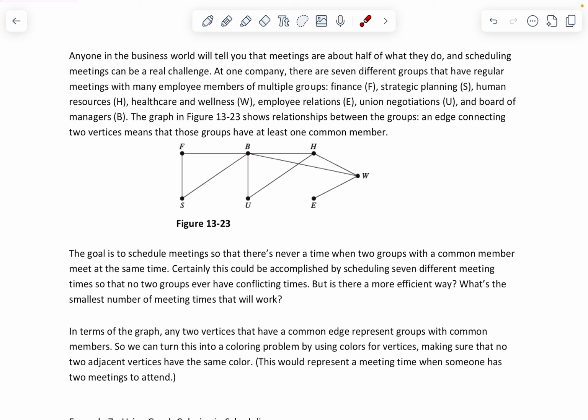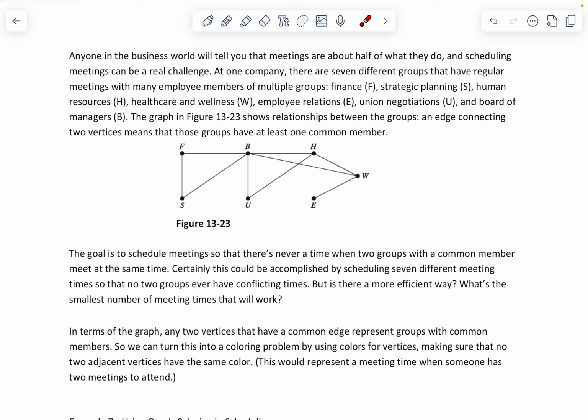In terms of the graph, any two vertices that have a common edge represent groups with common members. So we can turn this into a coloring problem by using colors for the vertices, making sure that no two adjacent vertices have the same color.